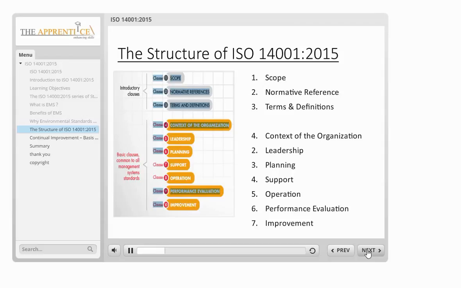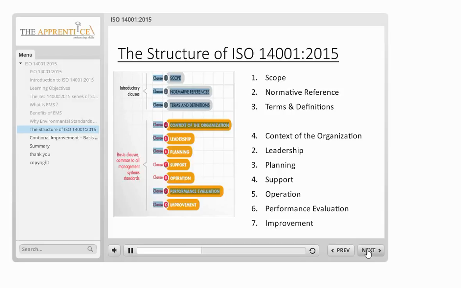They are: context of the organization, leadership, planning of the EMS, support, operation, performance evaluation and improvement. They replace current EMS clauses 4.1, 4.2, 4.3, 4.4, 4.5 and 4.6.